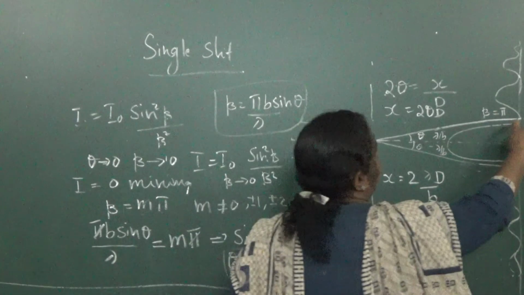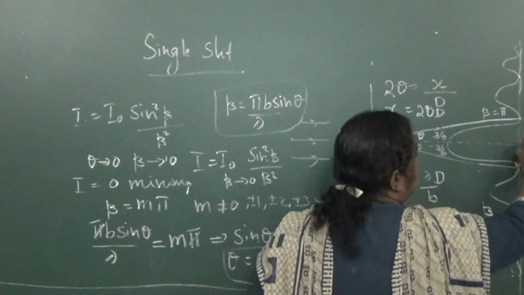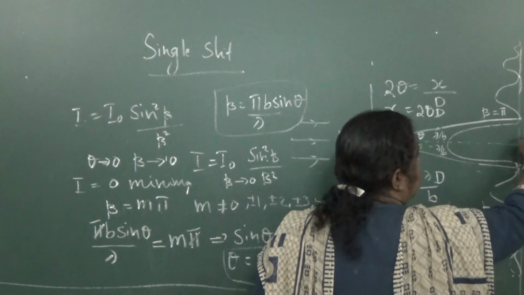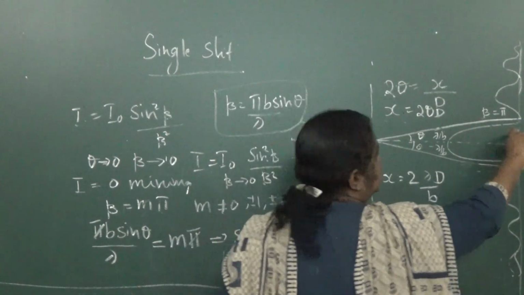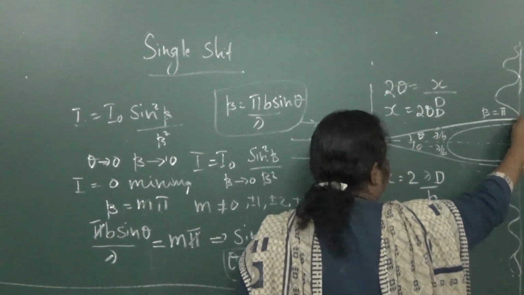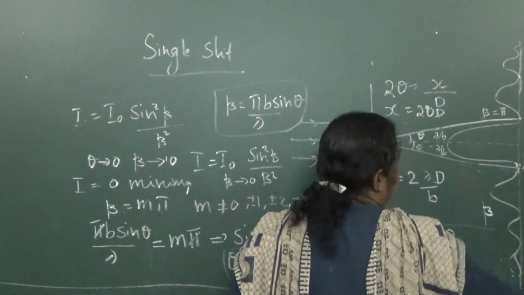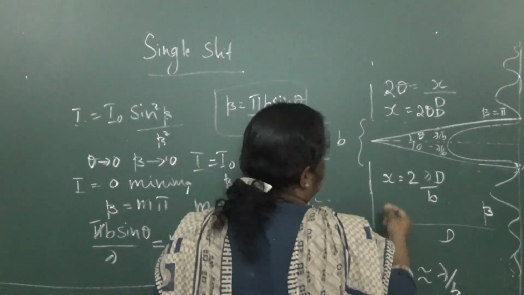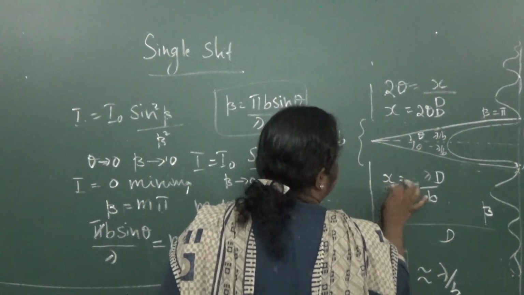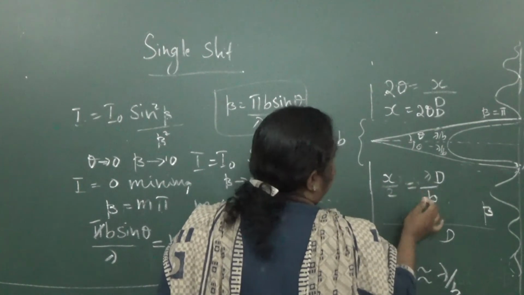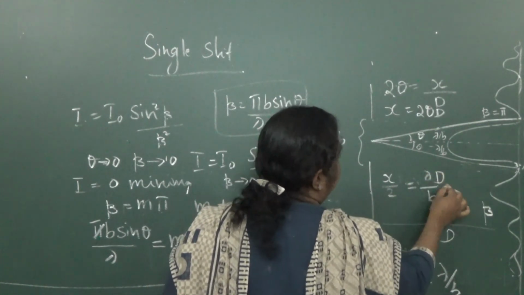Suppose we want to calculate only the distance from the central maxima to one of the minima, that is actually like the fringe width. That will give you x by 2, which is equal to lambda d by b.